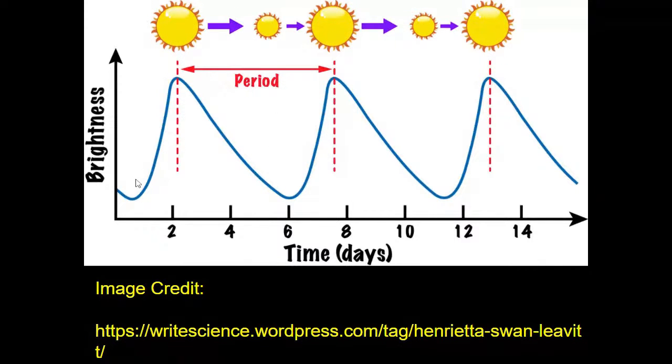So if you plot the absolute magnitude, the magnitude changes with time. And why does it change with time? The reason is that we have already established that the bigger the star is, the more luminous it tends to be.